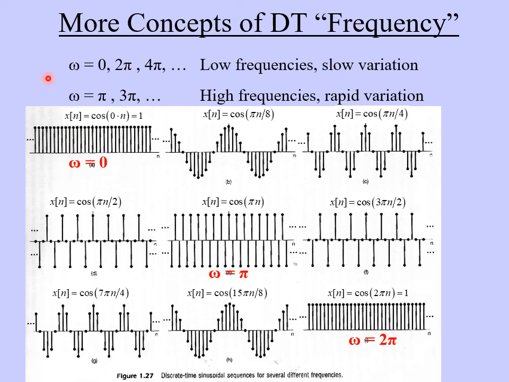So what this tells us is that with discrete time, a frequency of 0 or 2 pi or 4 pi or any multiple of 2 pi represents a low frequency with slow variation, and a frequency of pi or 3 pi or 5 pi is the highest possible frequency that represents rapid variation, and that was the image shown here. So this is very different from continuous time. Frequencies can only vary from 0 to 2 pi. There's nothing else that's possible for a discrete time sequence.